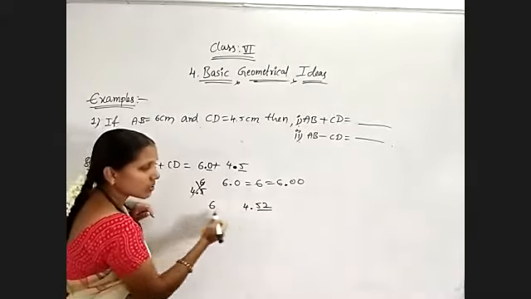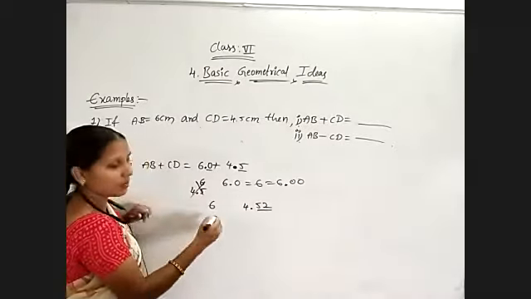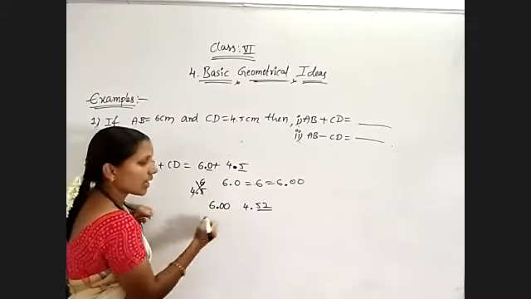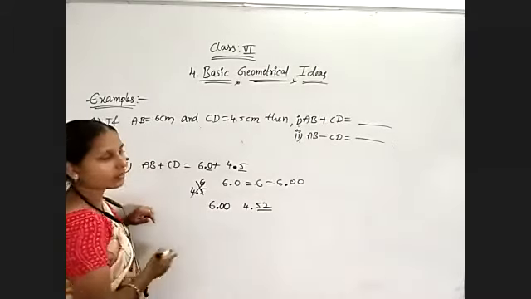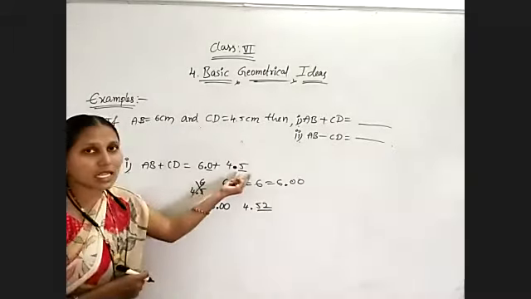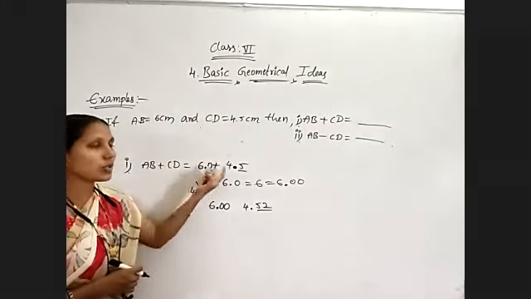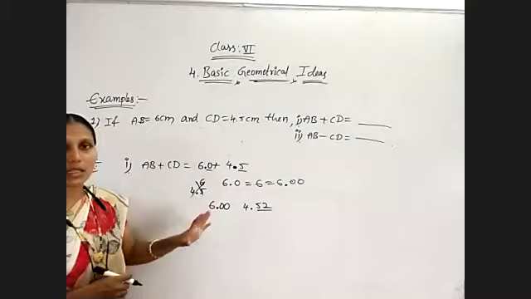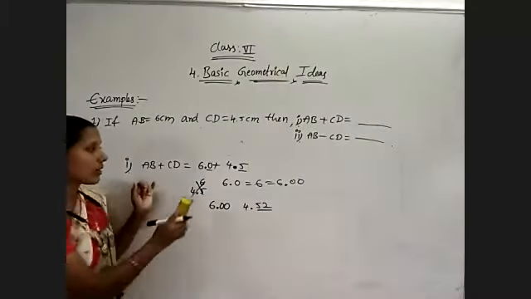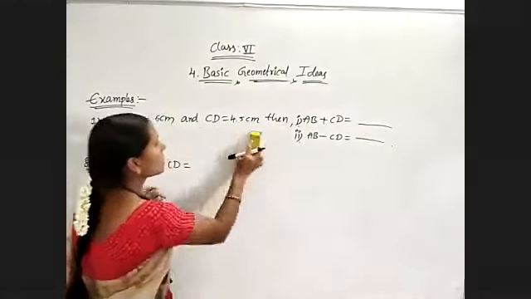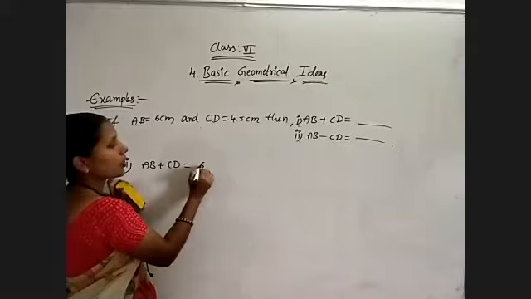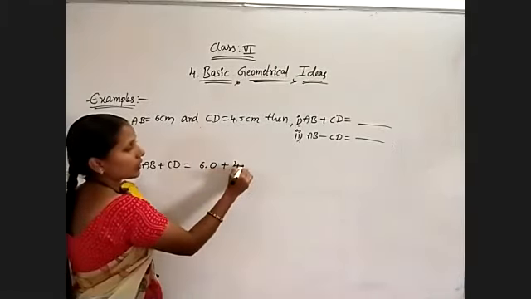So to make these like decimal numbers, I have to take 6.00. That's all. However many decimal digits there are, that many zeros insert in the normal number to make the two numbers like decimals. Now coming to the question. 6 is nothing but 6.0 plus 4.5.